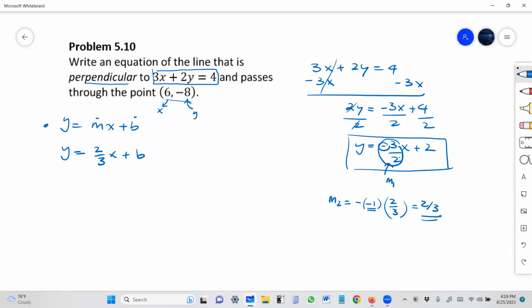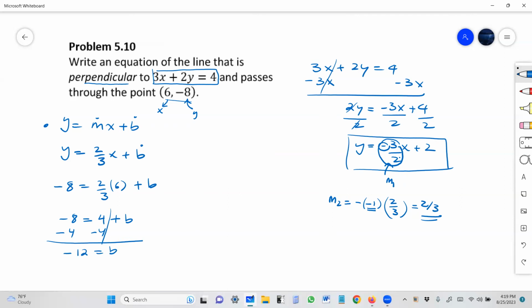And again, all I have to do now is find B, and you know how to find B. We're going to use the point 6, -8, okay? Y is -8, X is 6, and I need to solve for B. So -8, this is 12/3, which is 4, plus B, -4 on both sides, and I have -12.